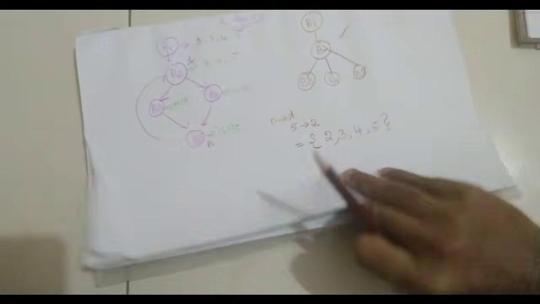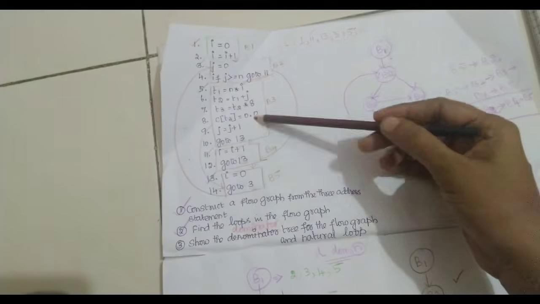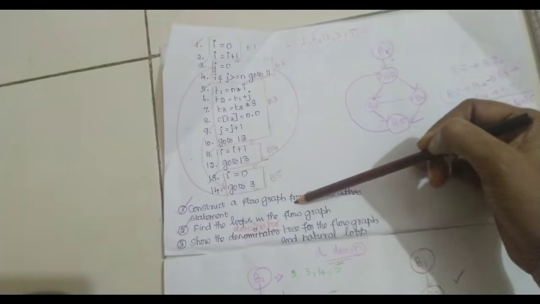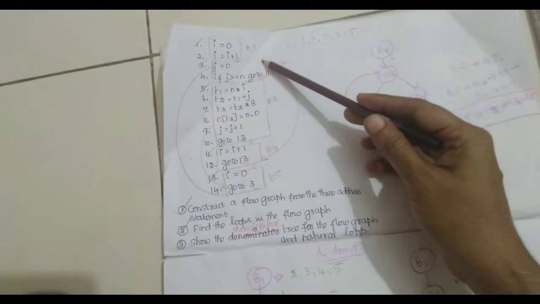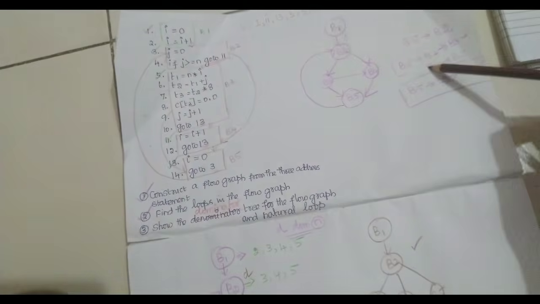And hence friends, we have seen the problem that is frequently asked in code optimization. They will give you the three address statements and ask you how to construct a flow graph. For that, you have to construct the basic blocks first, and then find the flow graph. Second, they will ask what loops are present in the flow graph.